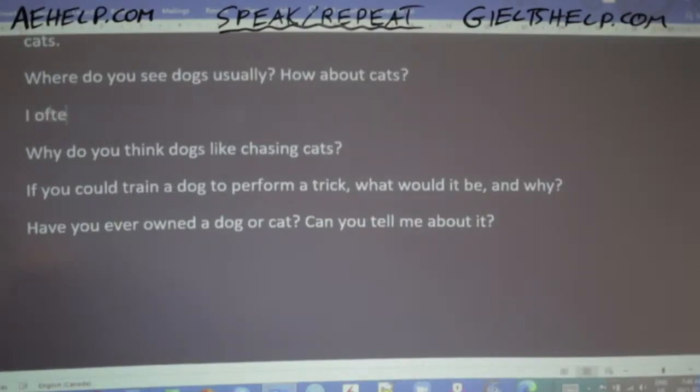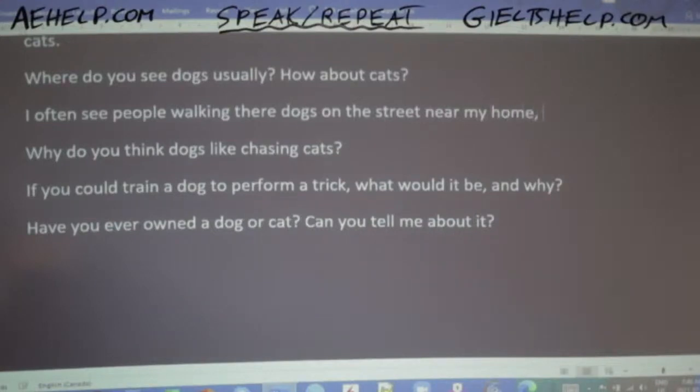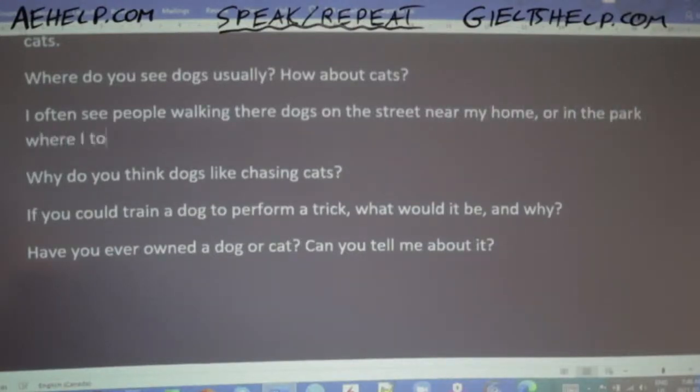I often see people walking their dogs on the street near my home or in the park where I take my morning walk.